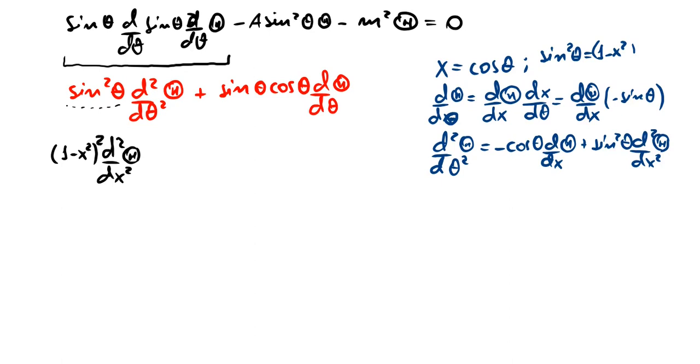Then there will be a second term, which is minus cosine of theta, that's the x itself, and then sine squared gives me 1 minus x squared, and the first derivative of theta, this is just this first term here, okay? So this multiplied by this is what gives me these two terms that I just wrote.